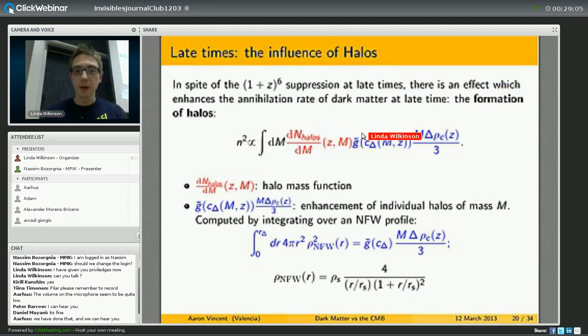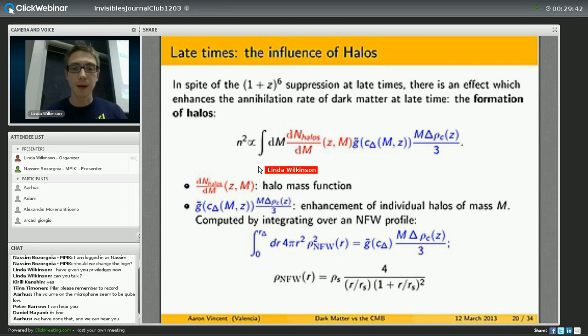So in red here, I have the distribution function of halos, which can be obtained just from n-body simulations. And on the right, you have the extra concentration of each individual halo. And this comes from integrating over the radius of each halo, over the density squared of each halo for each given mass. And then I integrate over masses and over the distribution function of halos of mass m to get the average of n squared.